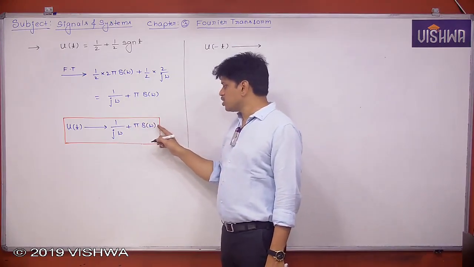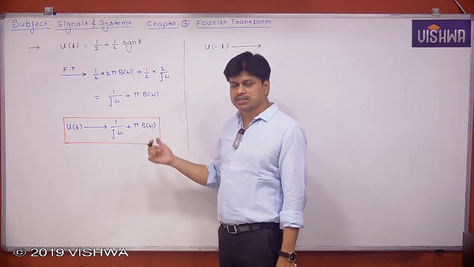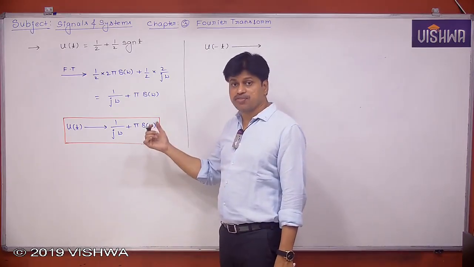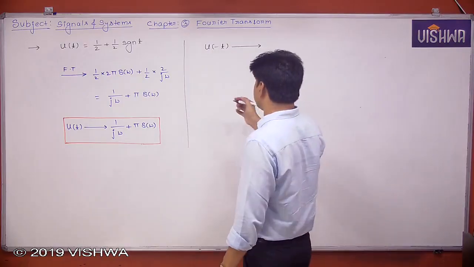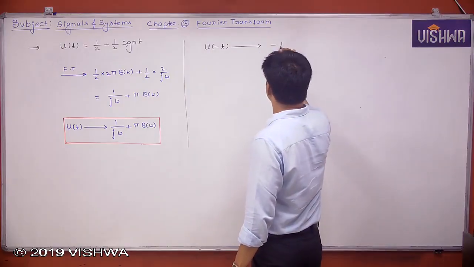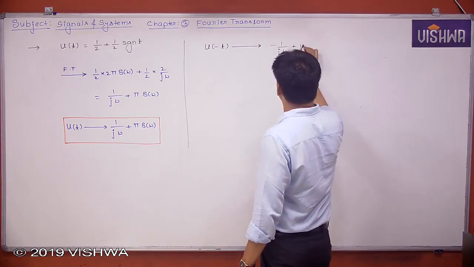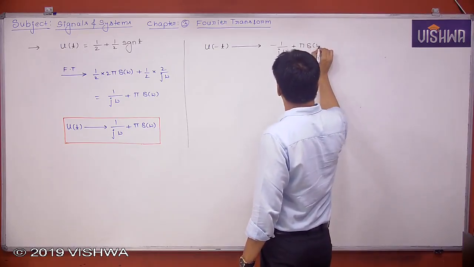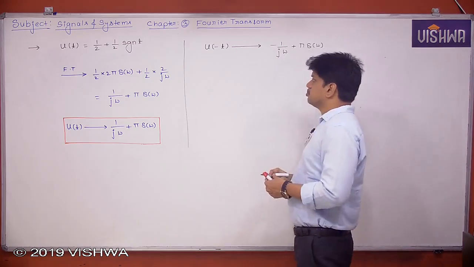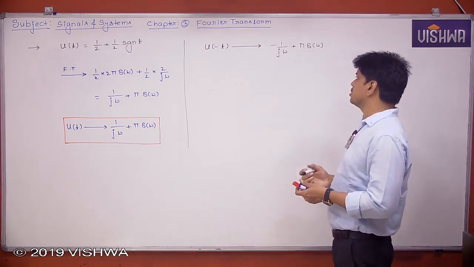But delta of minus omega becomes delta omega only, because the impulse function is an even function. So for u of minus t, the Fourier transform is minus 1 by j omega plus pi delta omega.